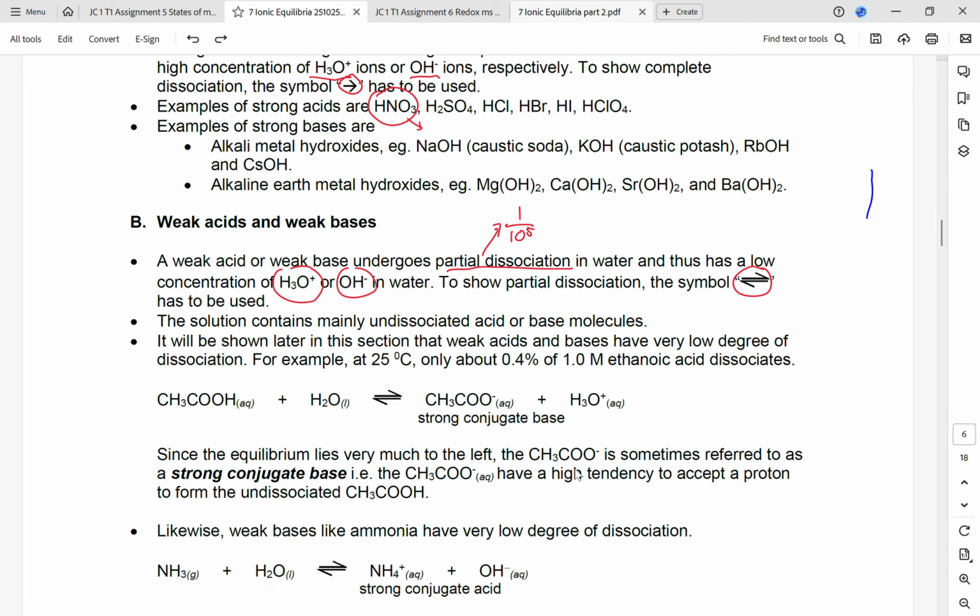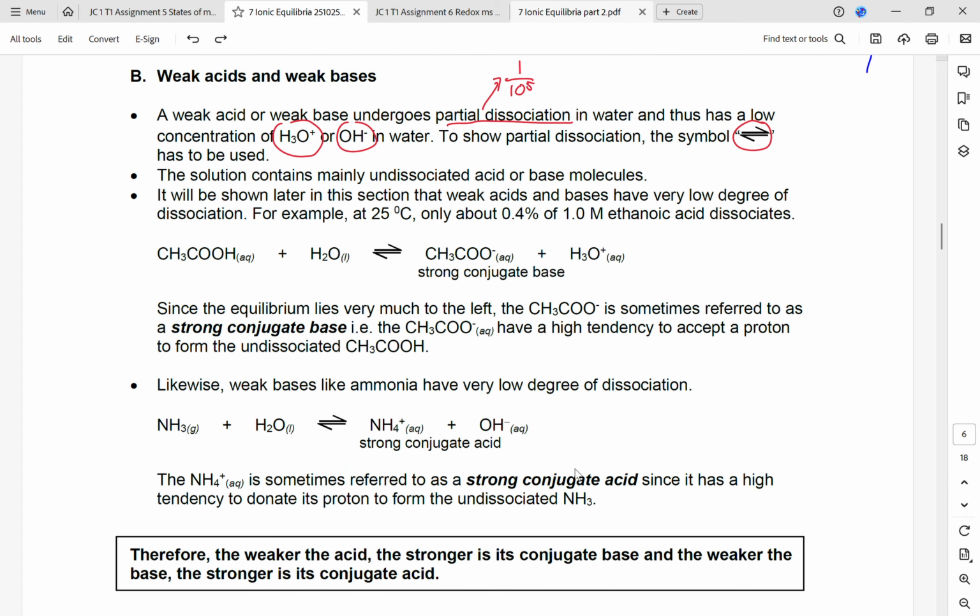Right. Similarly with weak acids and bases, we have weak ethanoic acid. Because we start with a weak acid, this ethanoic acid does not want to lose H plus.